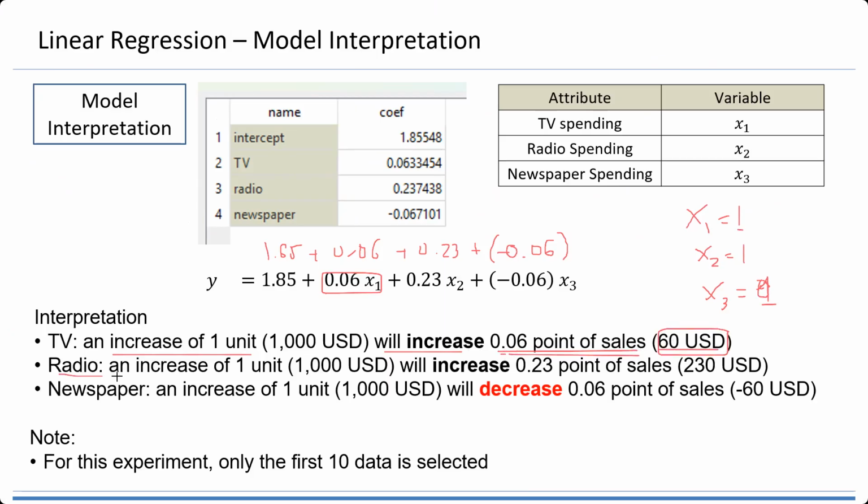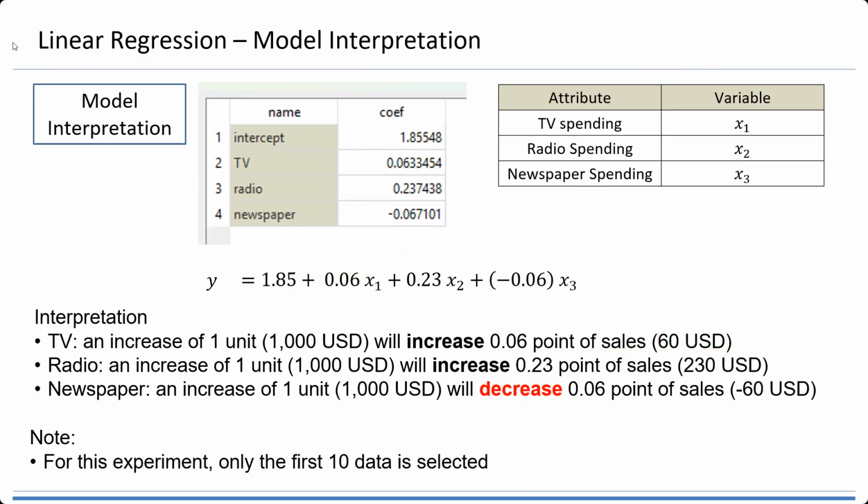If you increase the radio by 1 unit or 1,000 US dollars, it will increase sales by 0.23 points. But if you put more money on the newspaper, what happens? Because we have minus, it will decrease the points of sales.